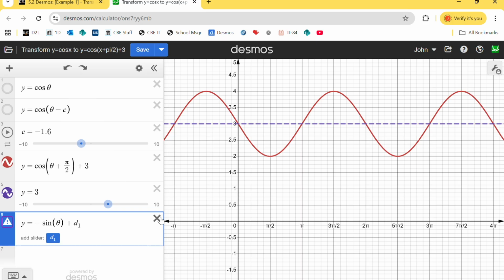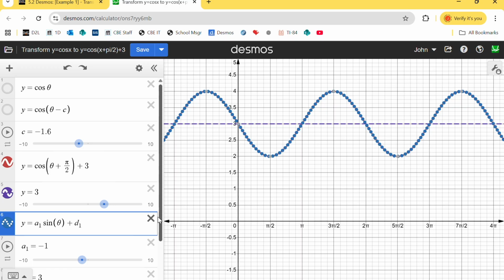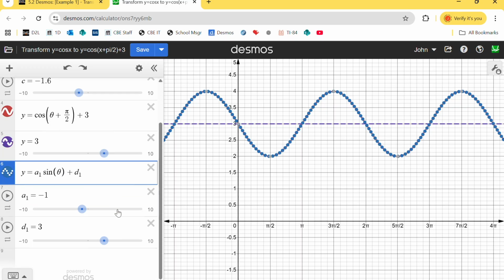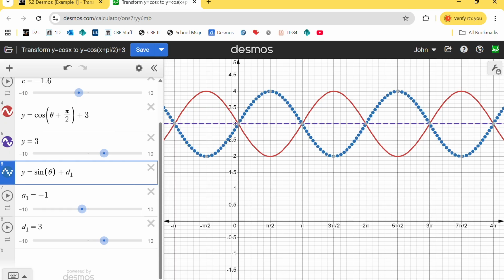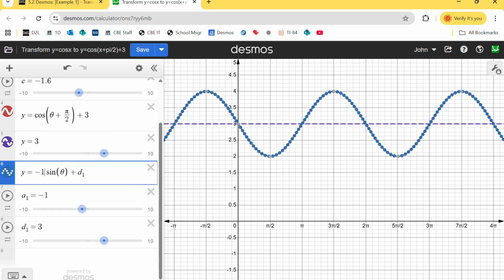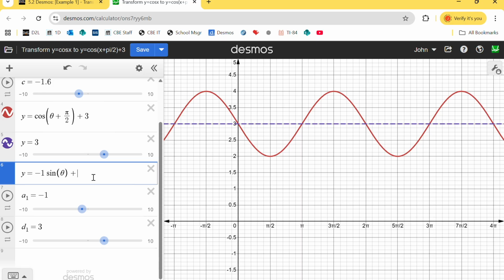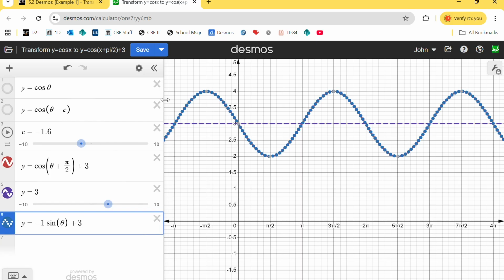So in other words, the a value is -1 and the d value is 3. So if I get rid of this and this, there's our transformed function.